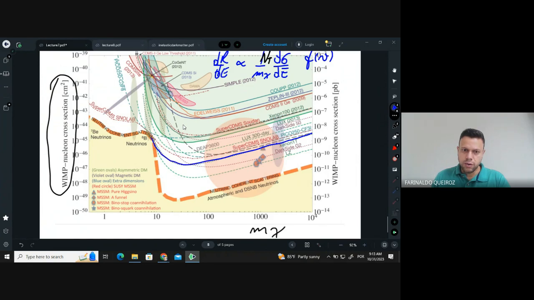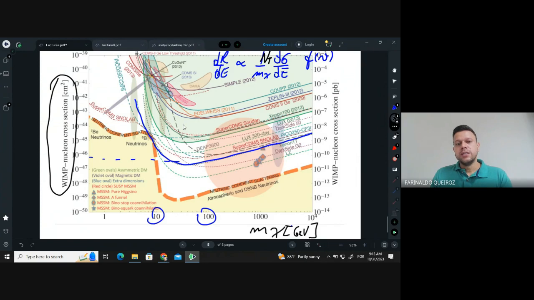It did not go as good as they projected, but it's similar to this bound for cross sections around 10 to the minus 46, which is roughly what they probed for dark matter masses between 10 GeV and 100 GeV. That's in GeV units. So they probe cross sections around 10 to the minus 46 centimeters squared, or 10 to the minus 10 picobarns.